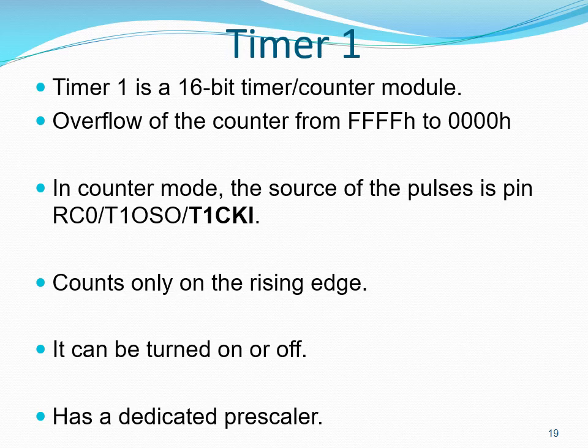In counter mode, the source of the external count pulses is the pin T1CKI. This pin is also multiplexed with other functionalities as indicated. In the counter mode, the timer only counts on the rising edge of the external pulses.